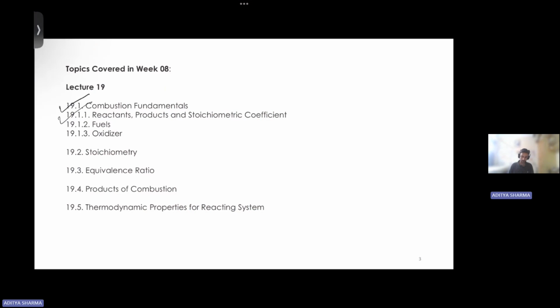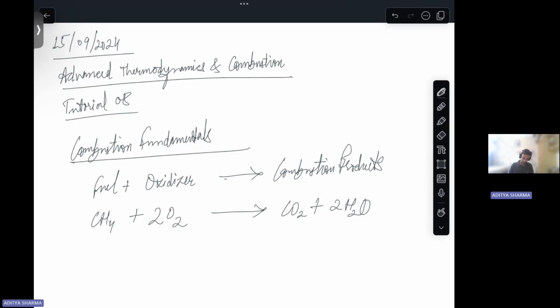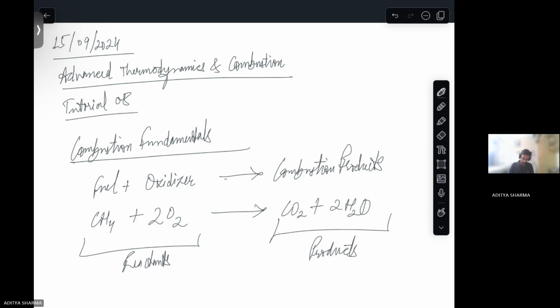Here, these are your reactants, these are your products, and these are your stoichiometric coefficients.